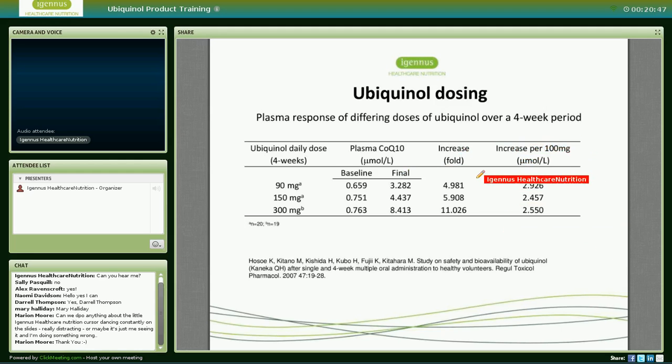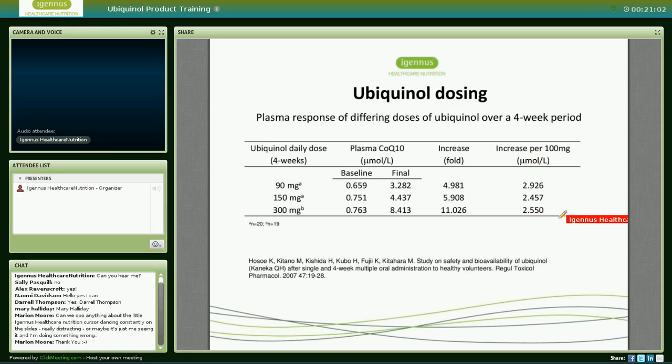And what we find here is quite interesting. As our dose increases, you would expect to see an increase in fold. But what we don't see is an increase per 100 milligrams.